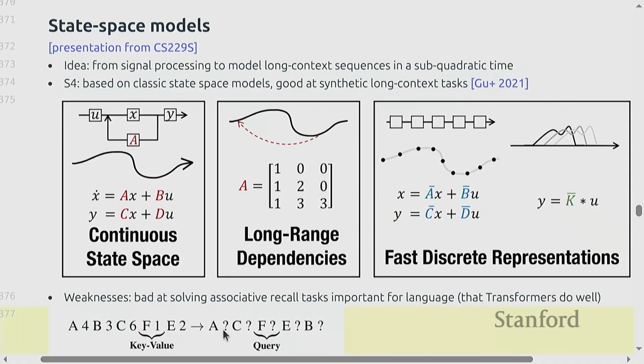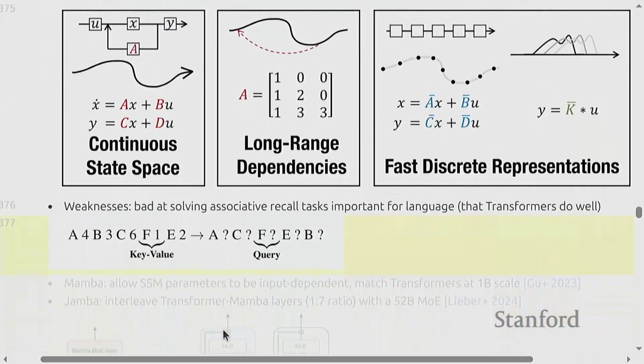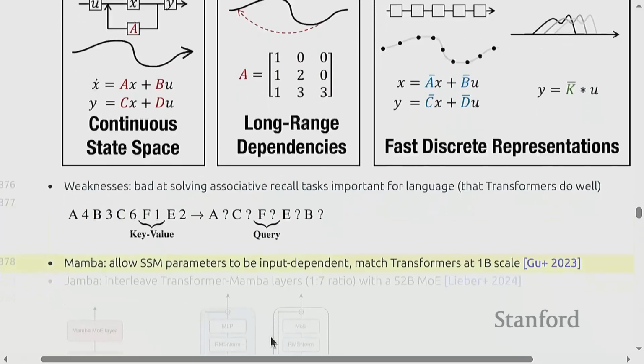And for those types of tasks, it didn't really work. There's a bunch of work, like Hyena, H3, and then Mamba, which tweak the SSM to handle these associative recall tasks. And eventually it worked better, up to 1B scale matching transformers.